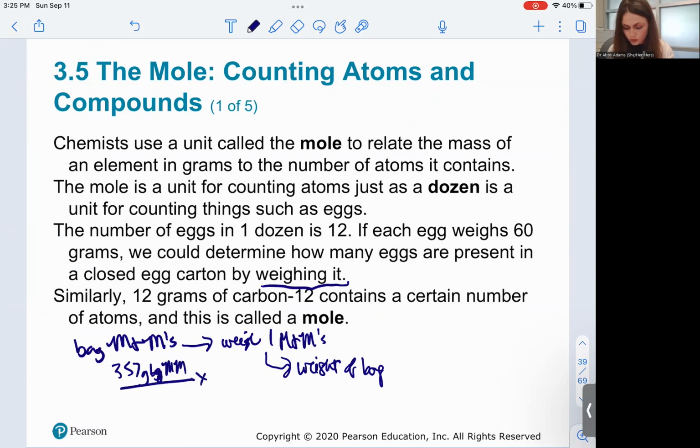And you know that one M&M weighs maybe 0.800 grams. So you'd be able to cancel out those grams, and then you could figure out the number of M&Ms. But some of the M&Ms might have a slightly different mass, right?